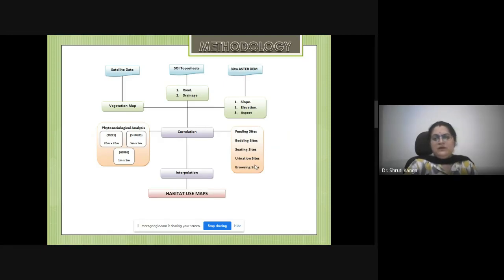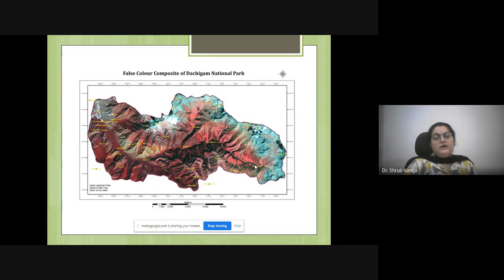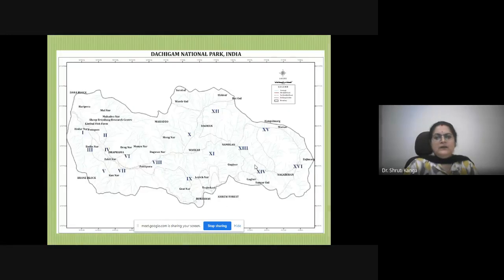Okay, then after this, the FCC was used for the demarcation of the boundary of the park, and this is the park.